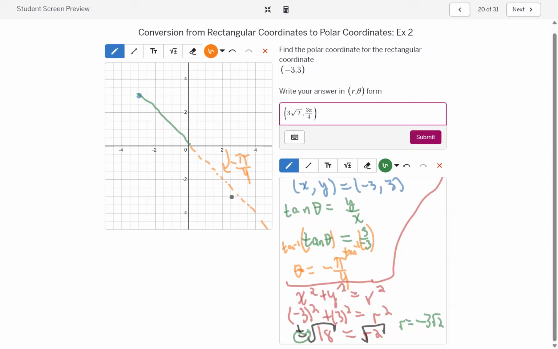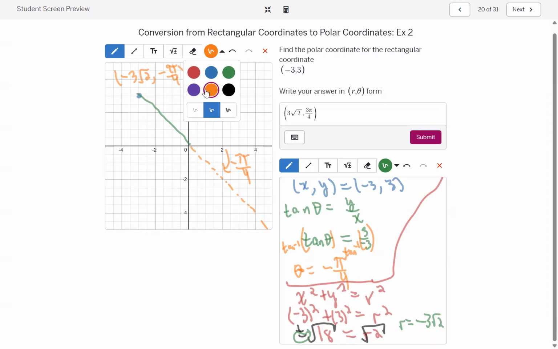All right, the other thing we can do, since it didn't like my 2 negative results, so if I take my negative pi over 4 and I add pi, I get another angle of 3 pi over 4.